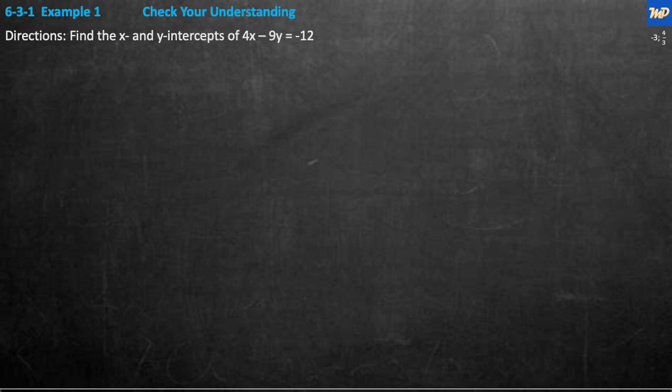Okay, assuming that you've paused the video and now you're back with me. It says find the x and y intercepts of 4x minus 9y equals negative 12. So let's do it. I'm going to write it down. 4x minus 9y is equal to negative 12.